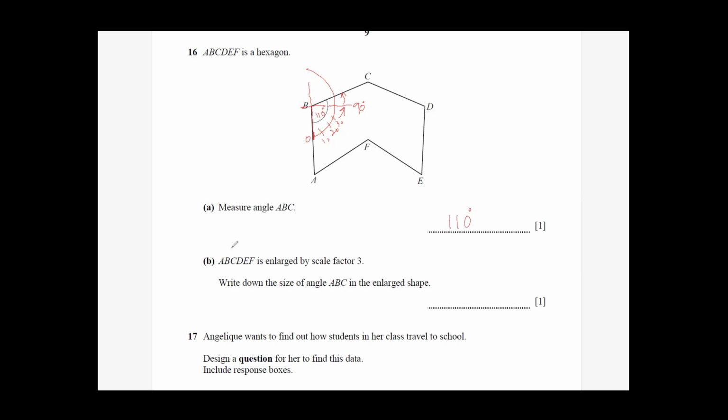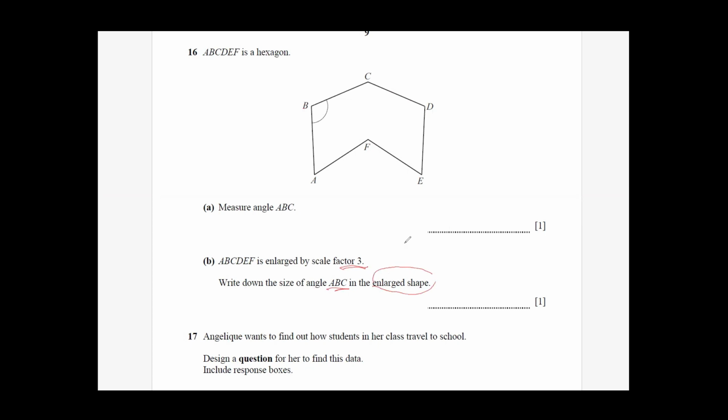Now, next question is A, B, C, D, E, F. Considering the whole diagram, it is enlarged by a scale factor 3. Write down the size of angle ABC in the enlarged shape.